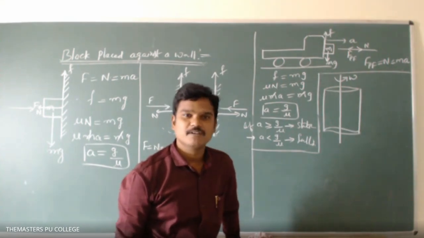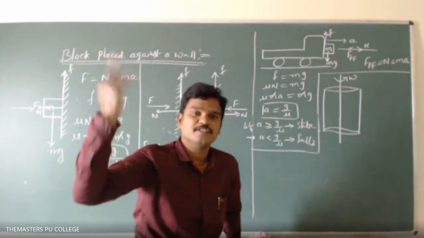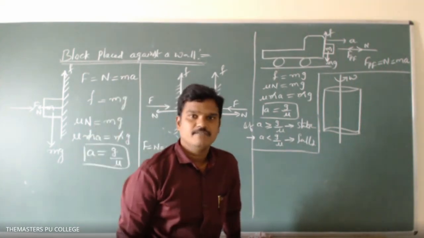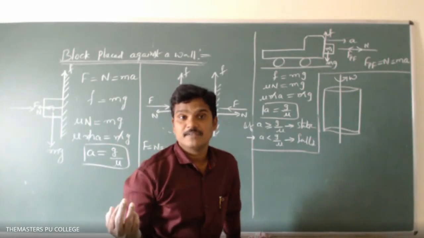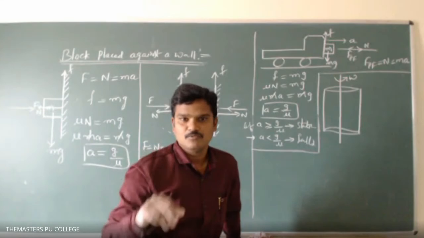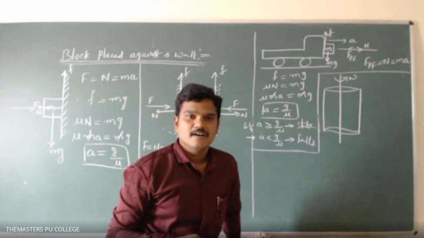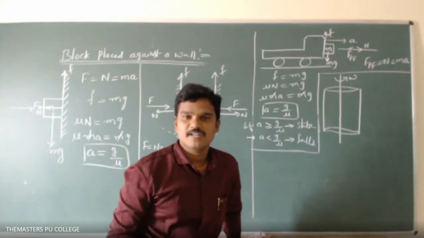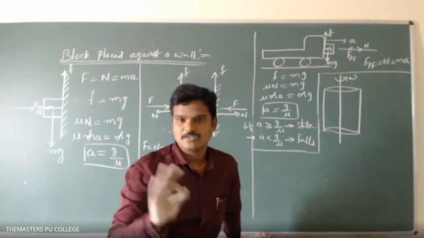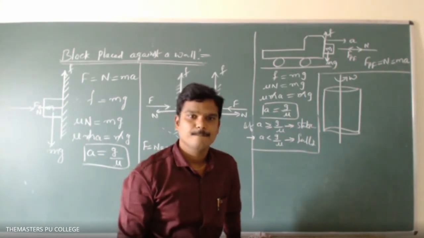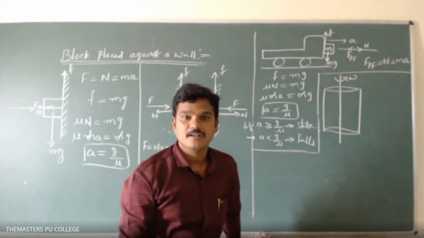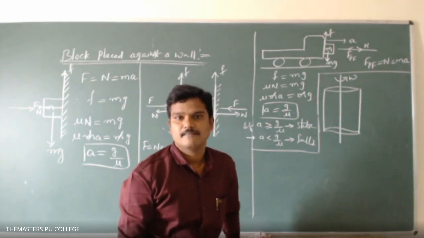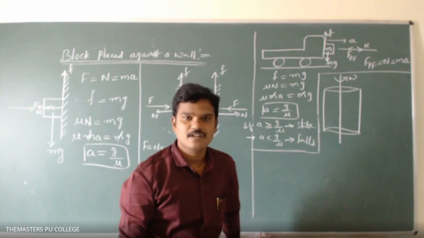Angular velocity is the rate of change of angular displacement. We can represent it with the omega symbol, which looks like a W.